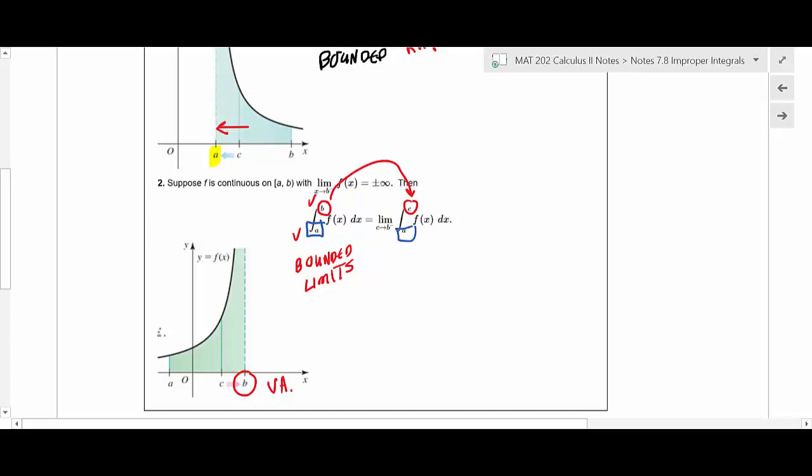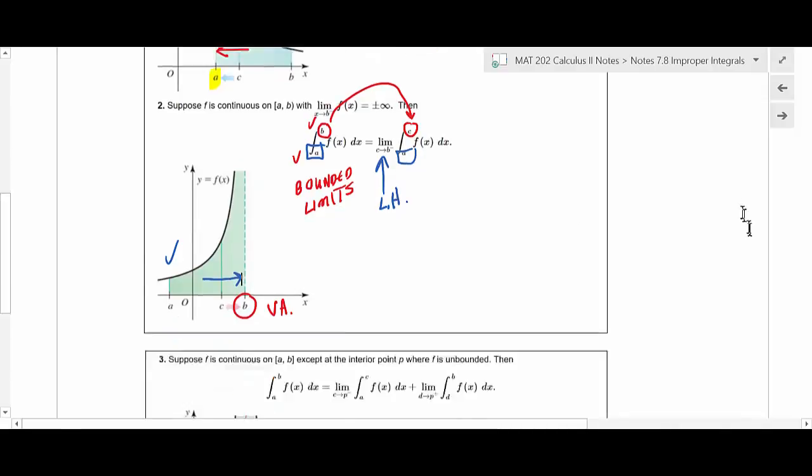On my graph, there's nothing going on at A, no asymptote or anything. Then you're going to do a left-hand limit, because the region you're integrating is to the left of that asymptote. So you're going to do a left-hand limit as you approach the problem area. Is that logical or illogical?